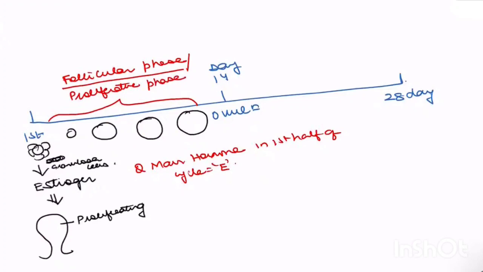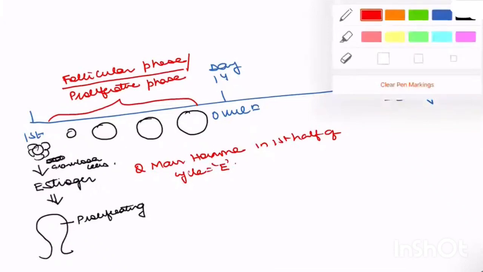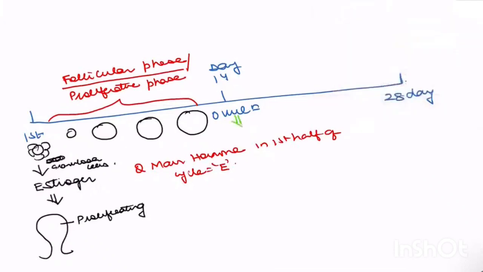Clear? अब second half में क्या हो रहा था? Second half में ovulation की वजह से corpus luteum was formed, and it was the corpus luteum which was initially increasing in size, and then it was decreasing in size.